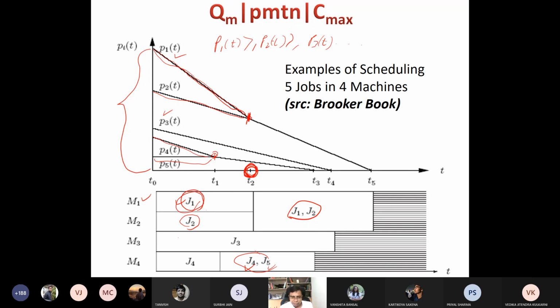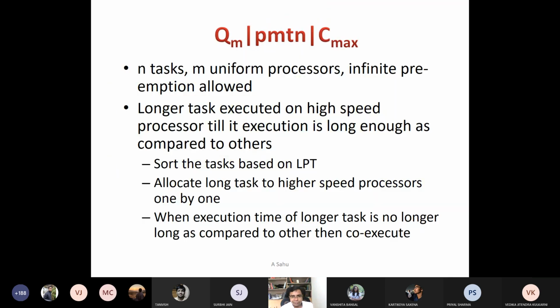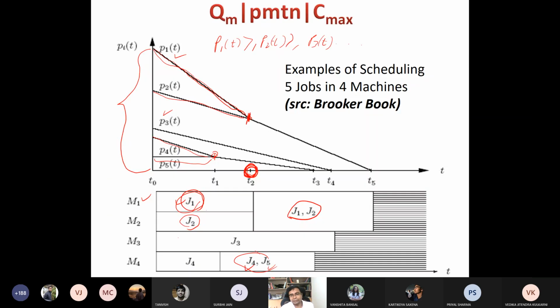We are trying to allocate longer tasks onto the high-speed machine as long as the task is longer, meaning the remaining time is longer. So the statement is: longer tasks are executed on the high-speed processor till their execution is long enough as compared to others. Is this clear?